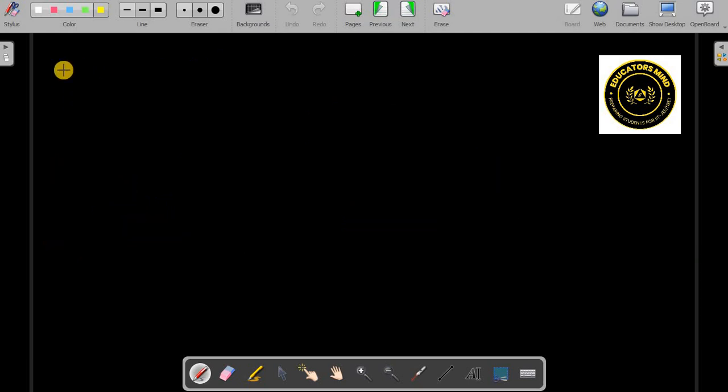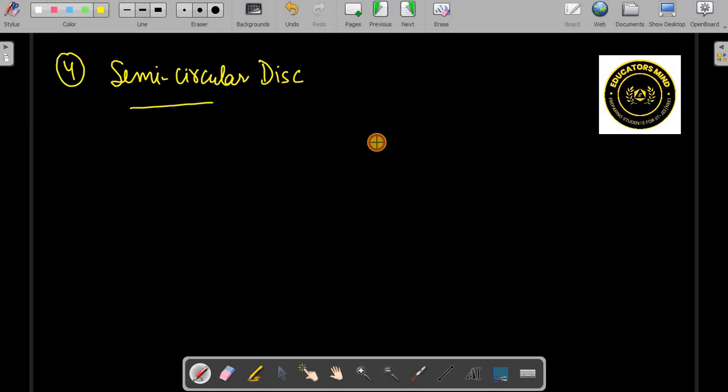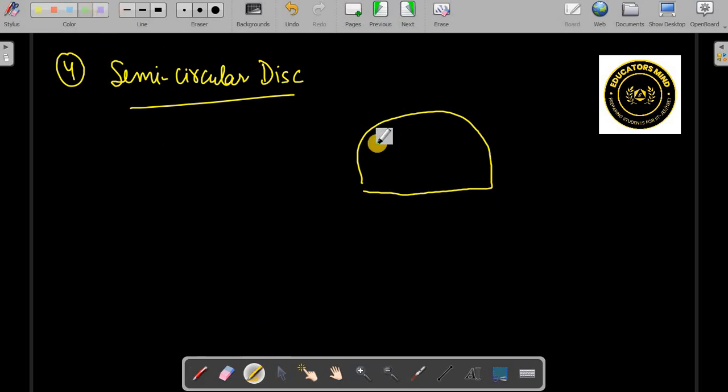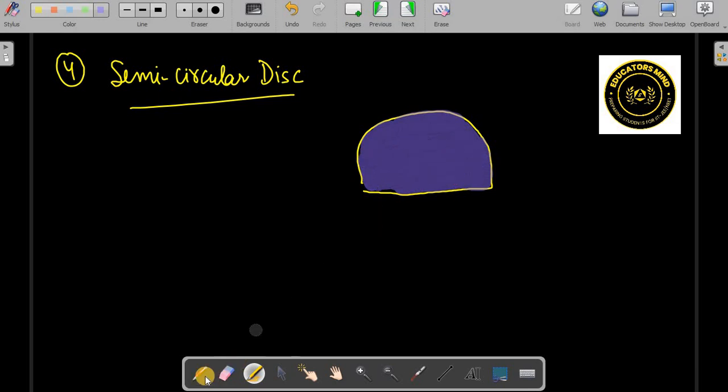Then let's go to the next result, number 4. Now if we have a disc, what will it be for this? So I will take a semicircular disc. If you take a semicircular disc, that means mass is distributed like this. The total mass will be distributed over the disc. So for a semicircular disc, where will the center of mass be? Let's calculate the center of mass.